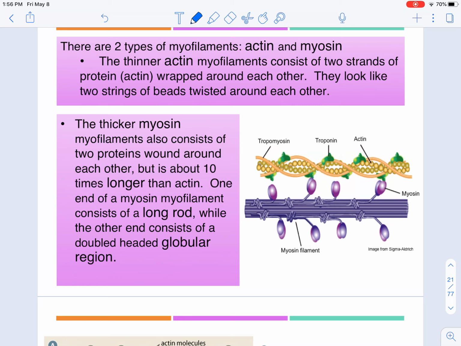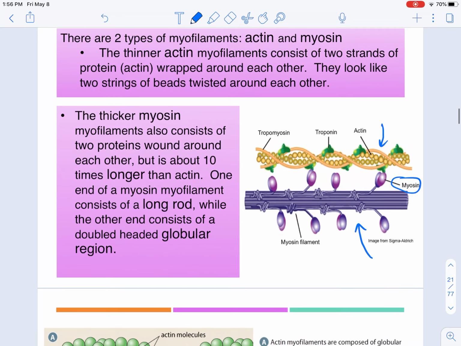The actin is always these wrapped thinner structures, kind of like wrapped beads. It's going to interact with this thicker myosin, and the myosin has myosin heads. You can see these little myosin heads that are going to actually grab on and pull the actin as we examine the muscle contraction process coming up.